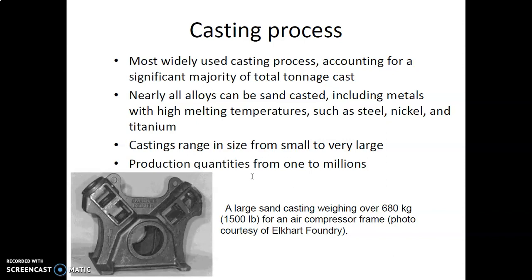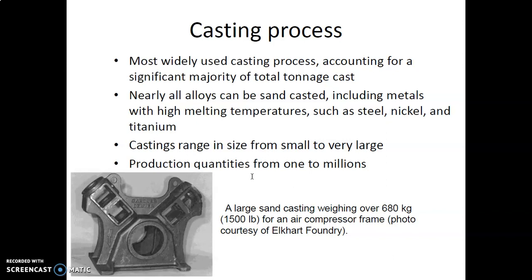We can say casting is the most widely used process, accounting for a significant majority of the total tonnage cost. Nearly all alloys can be sand cast, including metals with high melting temperatures, such as steel, nickel, and titanium.